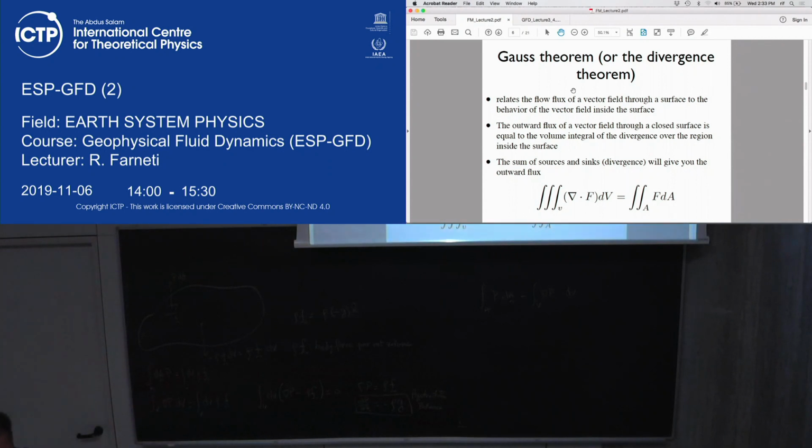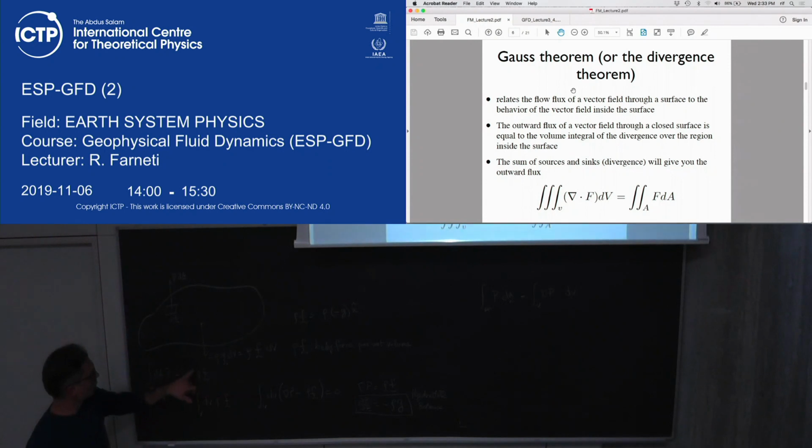You can take any volume of your element of fluid. It's in static conditions, so there's only pressure acting on the surface, and the force is P dA. You can integrate this force over the whole surface, and this must be balanced by the body force.